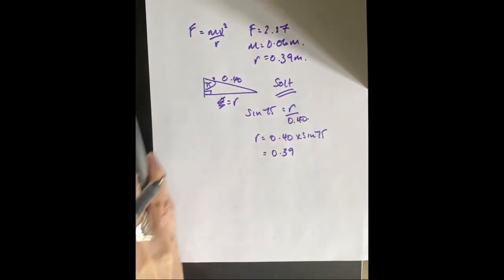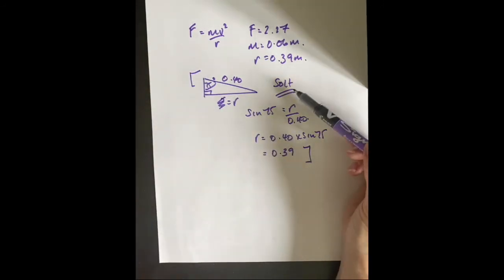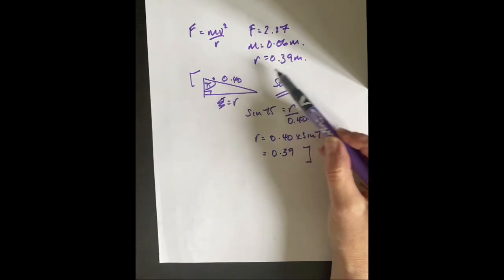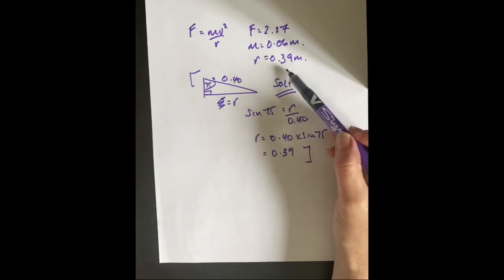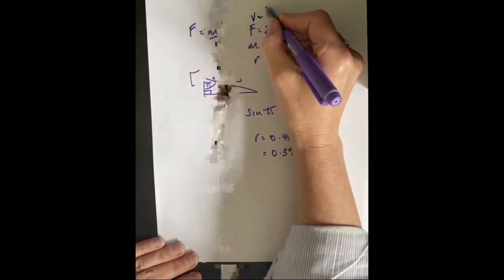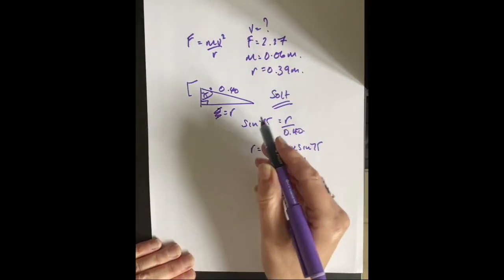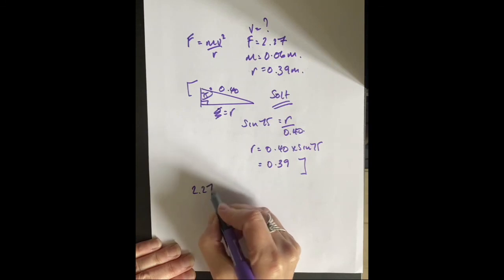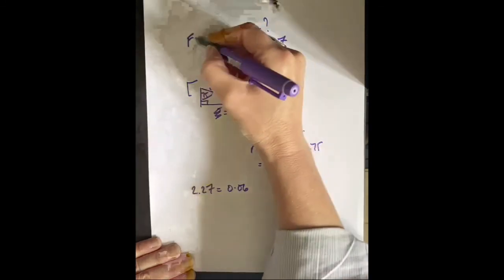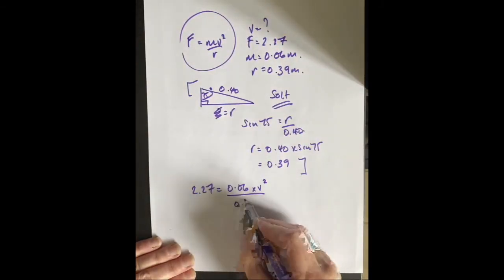Alright, so there's an extra bit of work here. I would suggest that in an exam, if you used L incorrectly, then you would probably gain some marks. So what are we working at? We're trying to find v. So we've got 2.27 equals 0.06 times v squared over 0.39.